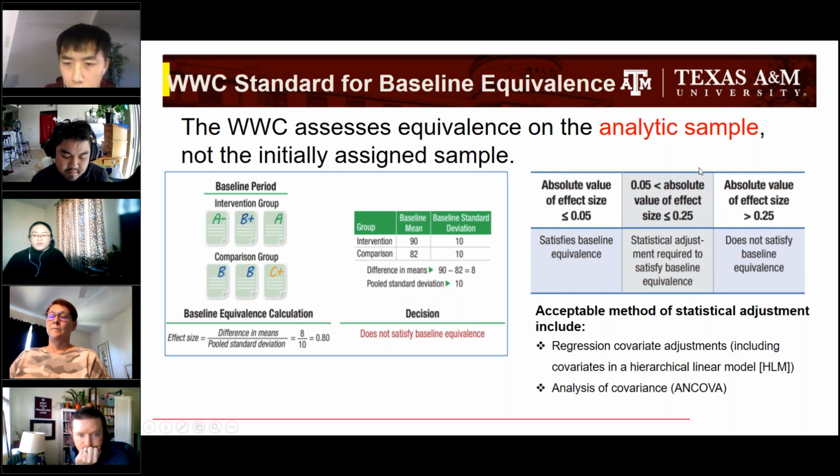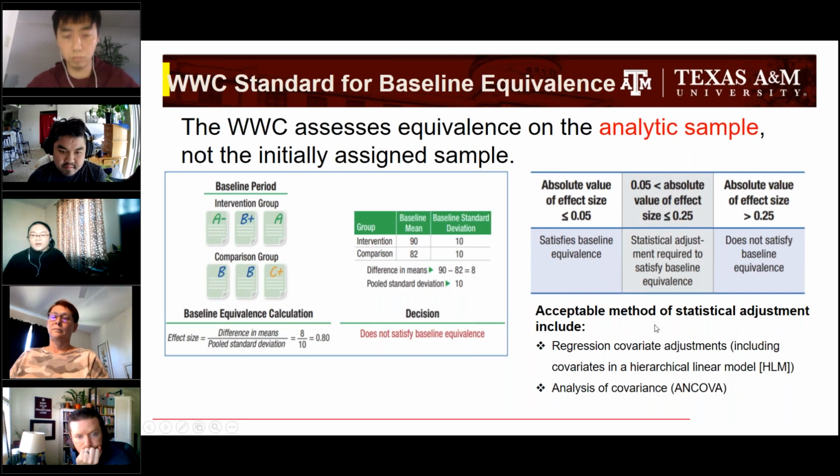And if the absolute value of the baseline effect size is bigger than 0.25, WWC will consider that in this study the treatment and control groups do not demonstrate baseline equivalence.